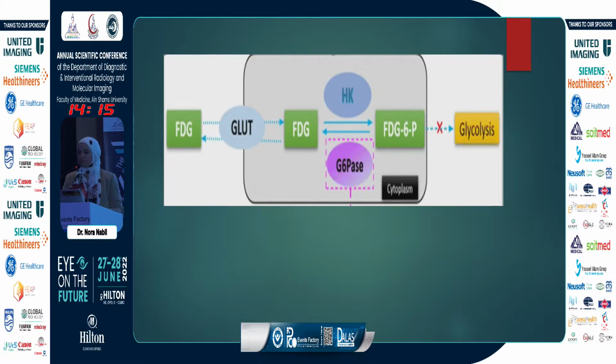Normally, FDG 6-phosphate undergoes dephosphorylation by the glucose 6-phosphatase enzyme back into FDG and is released outside the cell. If there is pathology in the cell, like tumor or infection, this glucose 6-phosphatase becomes disrupted, resulting in FDG 6-phosphate accumulation, translated in our molecular imaging by increased metabolic activity and increased SUV values.